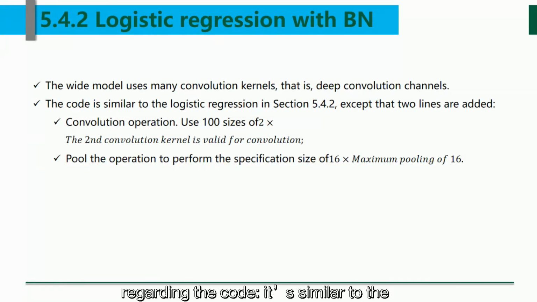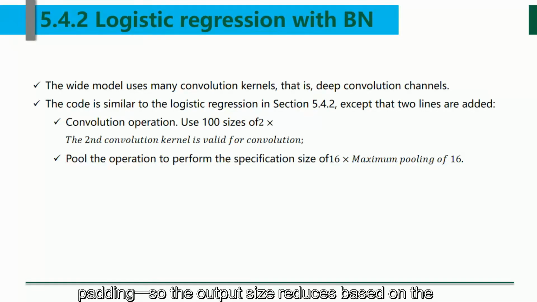Regarding the code, it's similar to the logistic regression code we covered earlier in section 5.4.2, but with 2 key additions. A convolution operation: we use 100 convolution kernels of size 2 multiplied by 2, and the convolution uses valid convolution, which means no zero padding, so the output size reduces based on the kernel's dimensions.